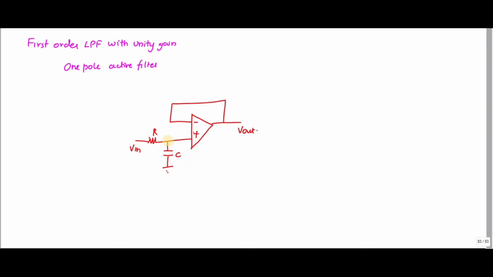So at this point, this is V out, so this is also V out, right? So I can write V out is equal to 1 divided by SC, this capacitance, divided by the input resistance plus 1 by SC, into V in. Okay, so I can write it as V in by 1 plus R SC.